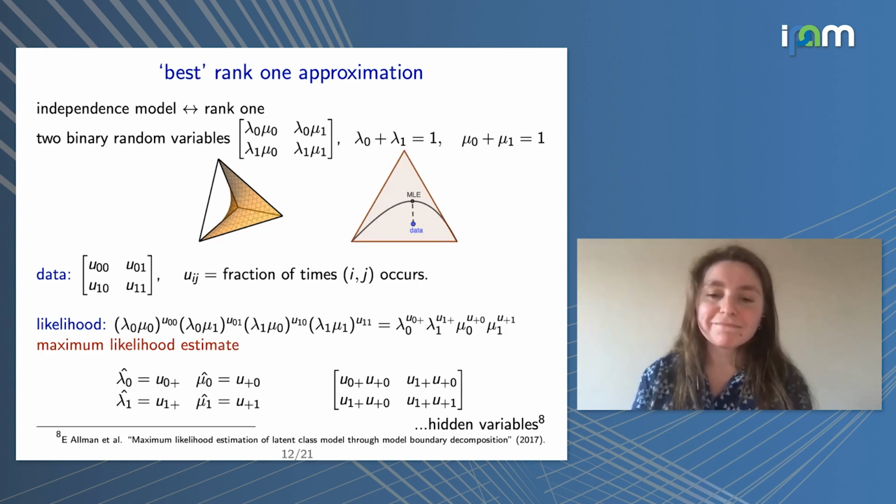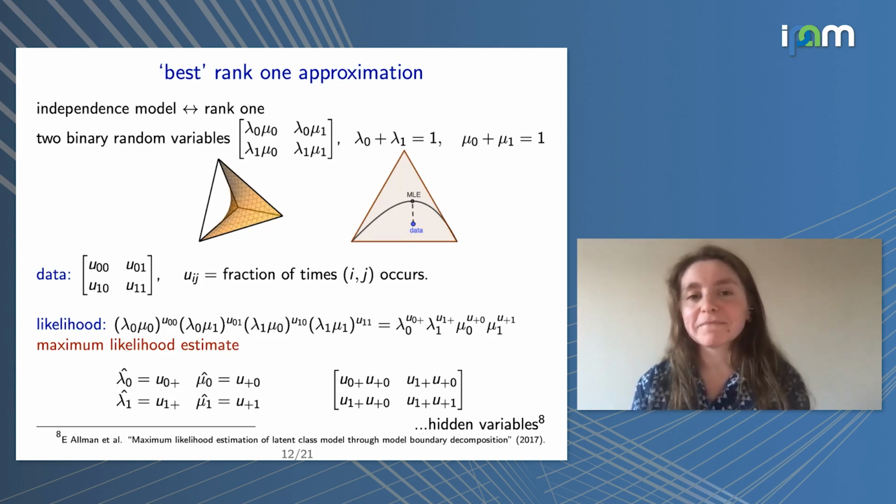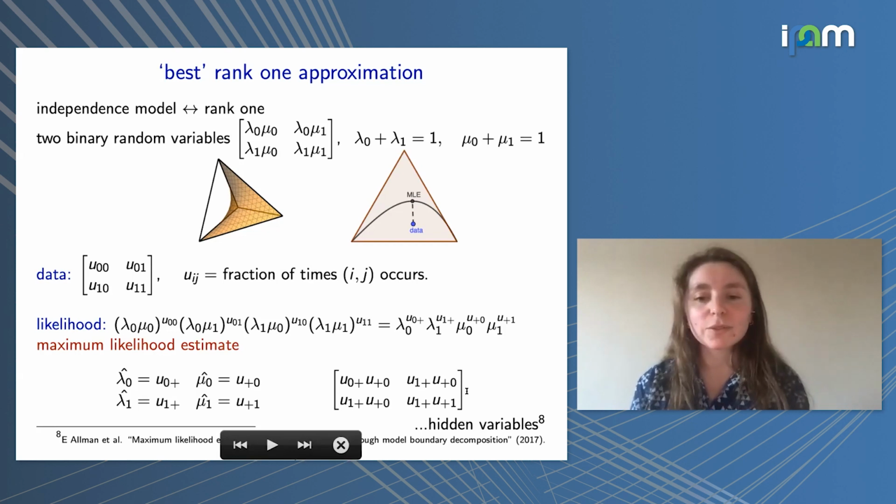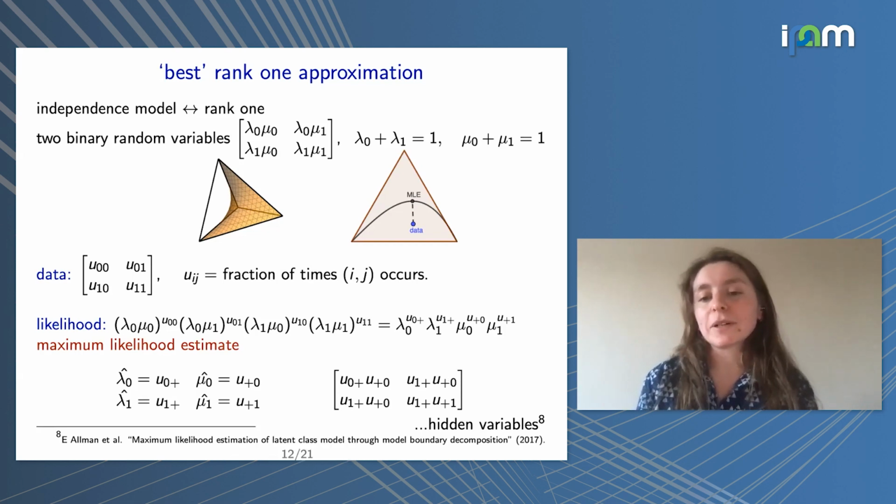We can observe that this is not the best rank 1 matrix that we would get by doing the usual best rank 1 approximation with respect to Euclidean distance. Maybe it would be strange if it was, since it's a different notion of distance or divergence. And it's also a nice formula because it gives our optimal point as a function of our data point.